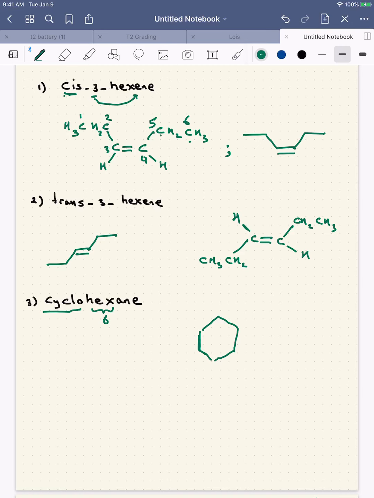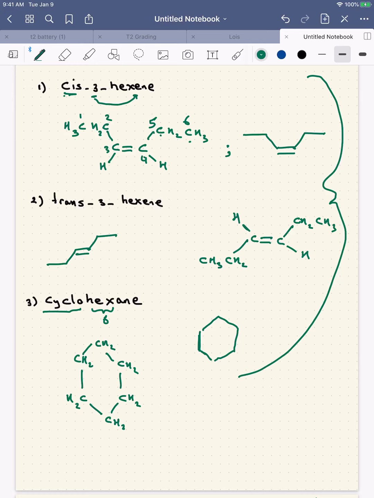If you want to spell it out, there is a CH2, CH2 here, CH2, CH2, CH2, and then CH2. And you connect it. That's cyclohexane. Now if you look at this, these are only a few isomers of C6H12, which is hexene. So these are isomers of hexene.